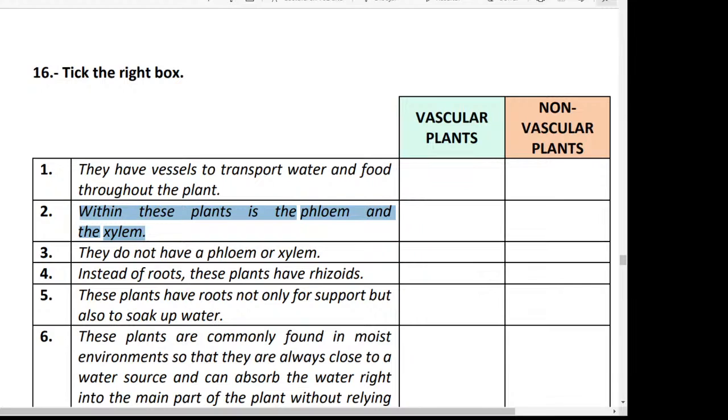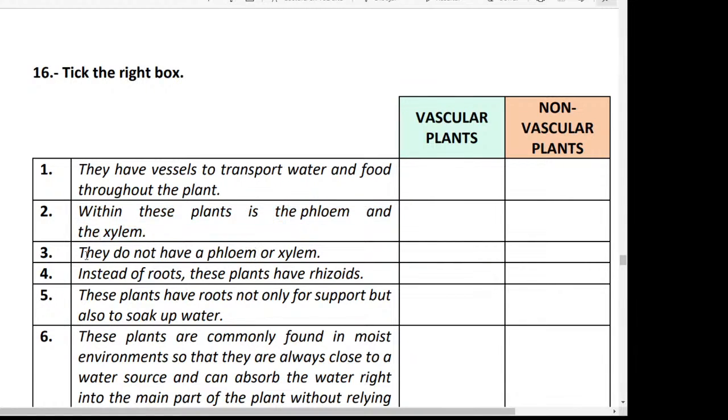What do you think? You have to answer quickly because we need time. So this is vascular plants. Okay, this is the answer.